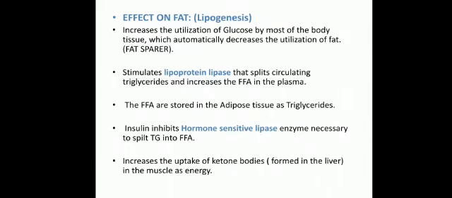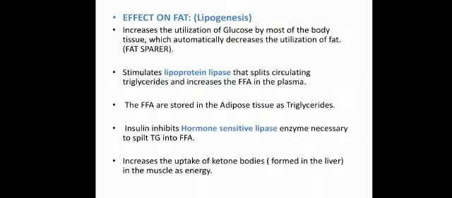So basically the effect of insulin on fat is lipogenesis. To put it in a single sentence, the lipogenetic action of insulin on fat is, by increasing the glucose utilization by the cells, it spares fat.